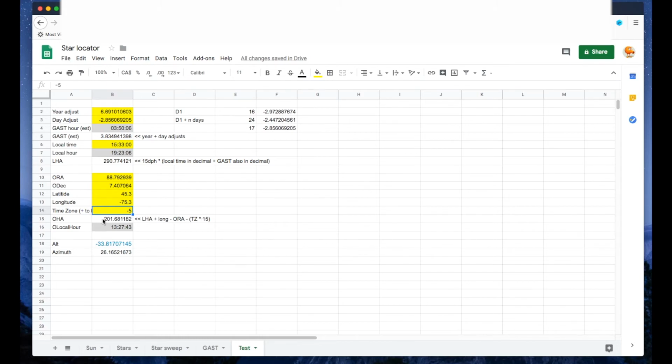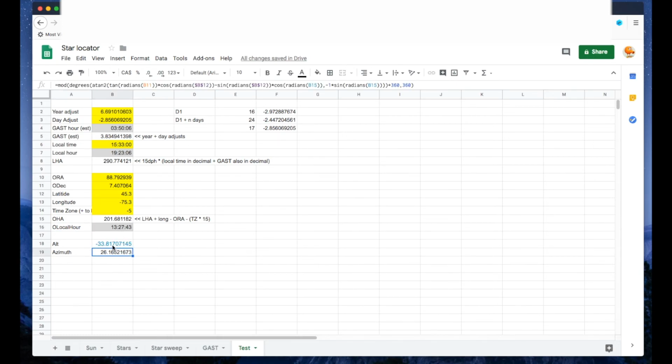And that works out to the object's hour angle of 201 degrees. Or if we turn that into hours, minutes, and seconds, we divide this value by 15 and then express that in degrees, minutes, and seconds, we get 1327.43.